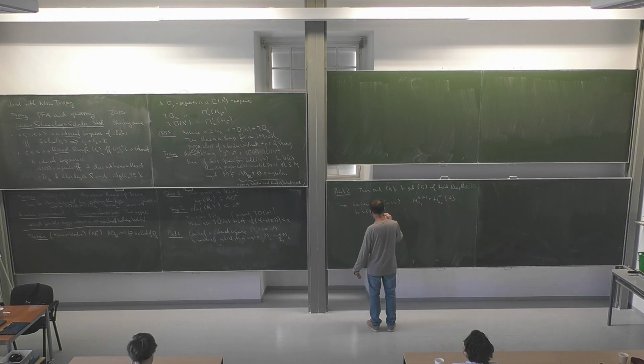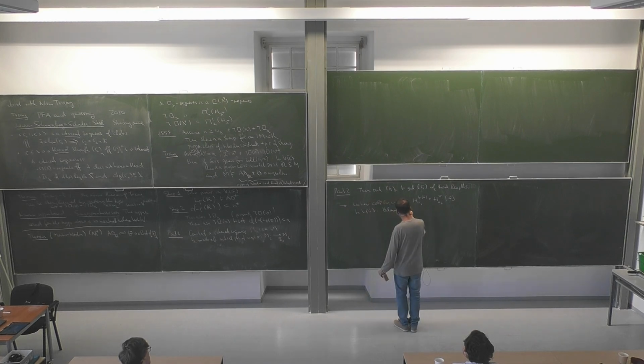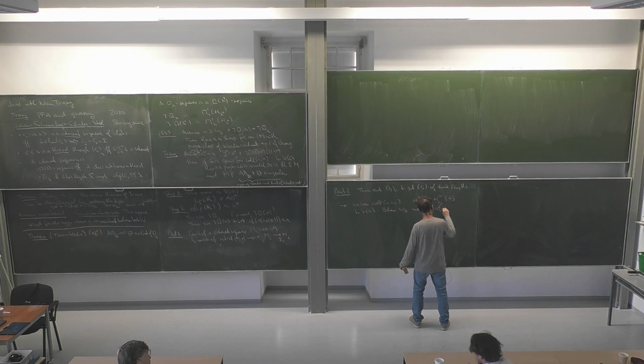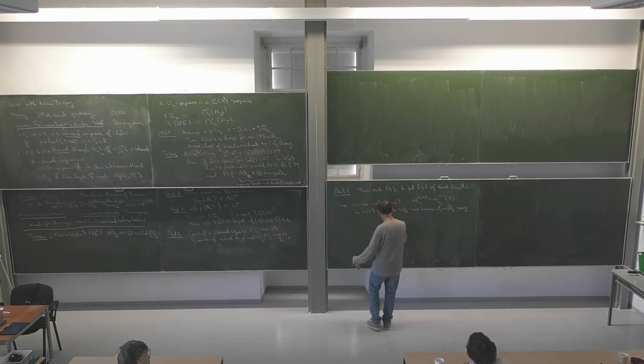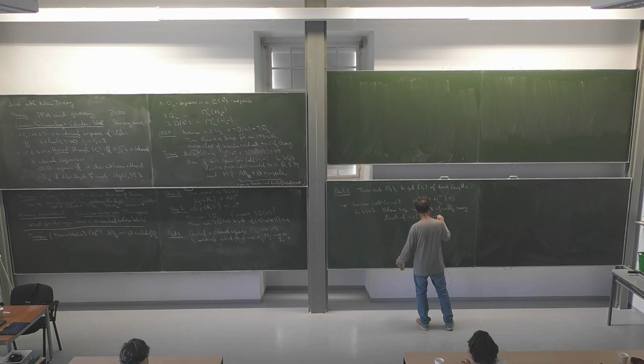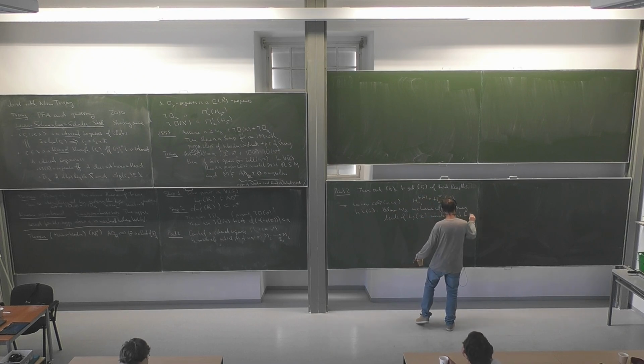In V[G], we have below omega 3, we have finitely many levels of L^p of R, which project to R. Yeah?